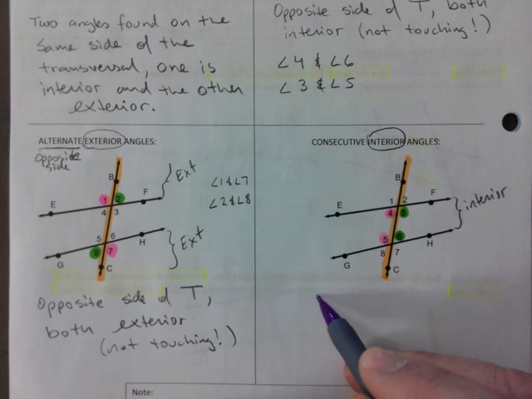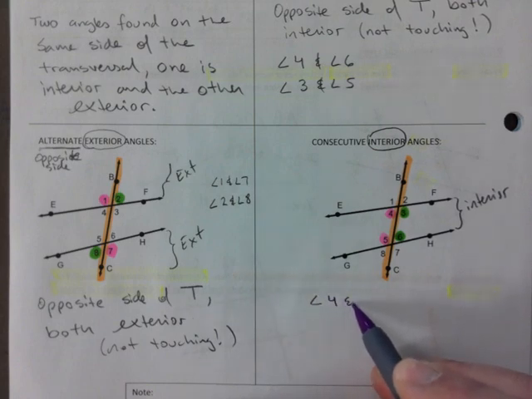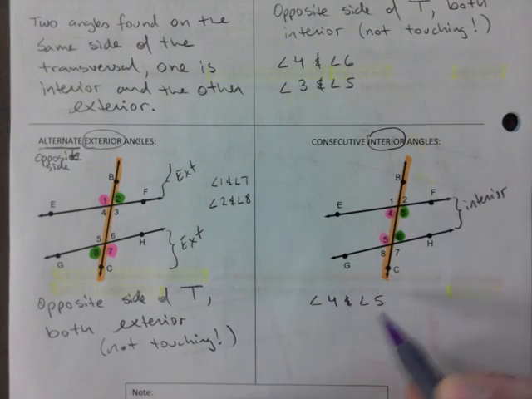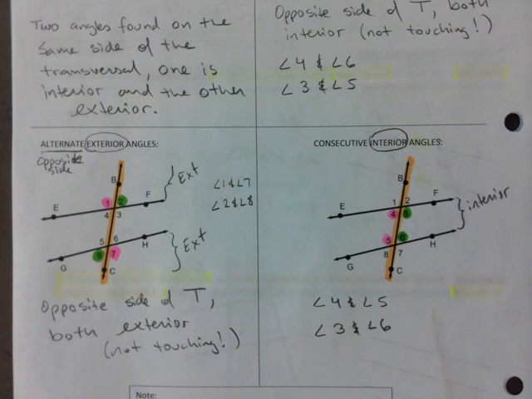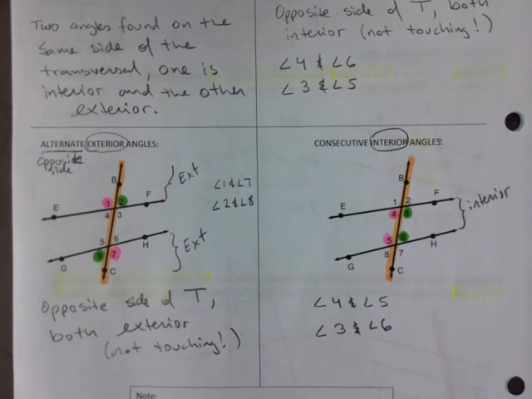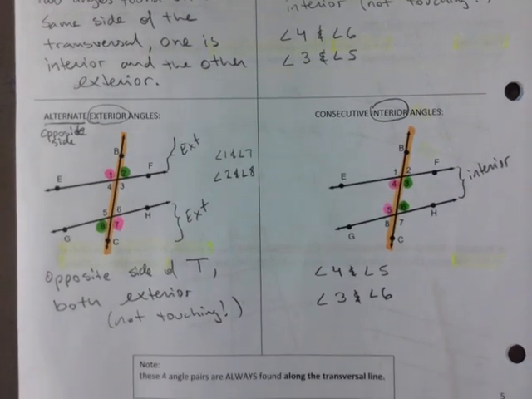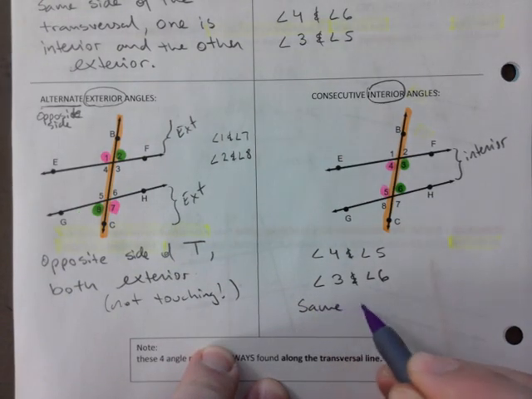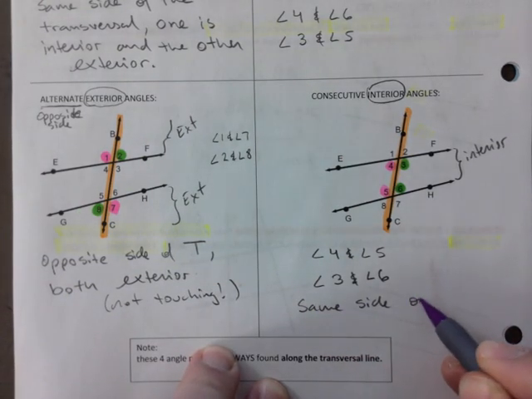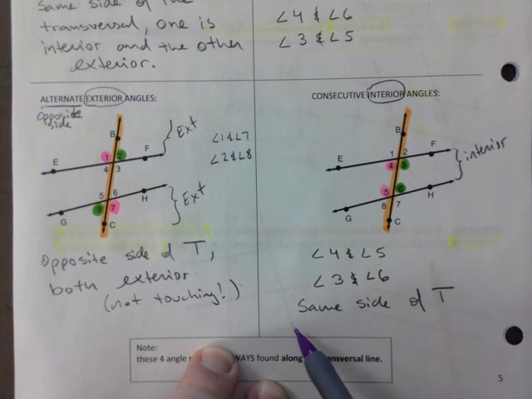So here you would be angle 4 and angle 5, angle 3 and angle 6. Maybe I'll just say, right, they are on the same side of the transversal. Same side of T, okay?